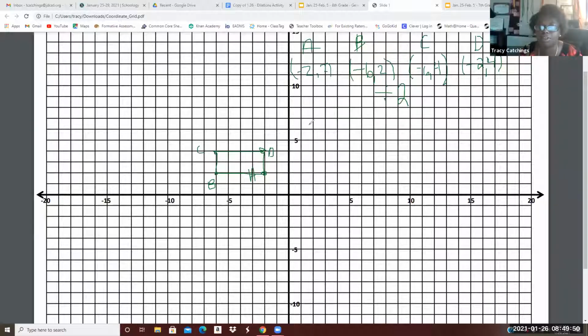All right, so if we multiply by a half, A prime will be where? Negative 1, 1. Good job.